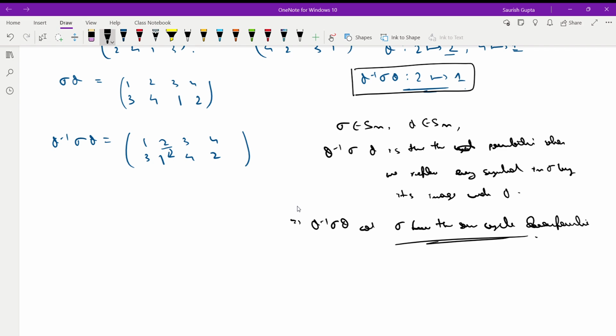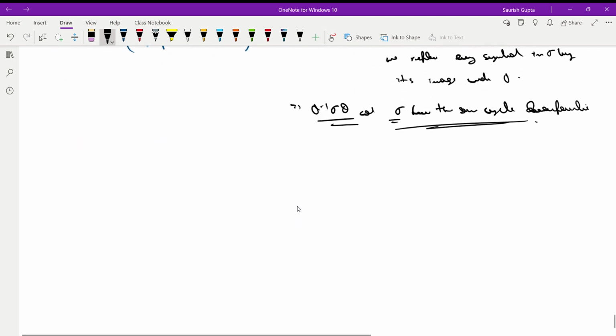Each cycle will conserve its length. Clear? So if two permutations are conjugates, then they have the same cycle decomposition. And if I start with two permutations which have the same cycle decomposition, then they also come out to be conjugates, right?